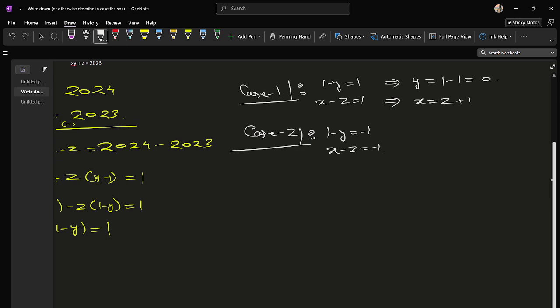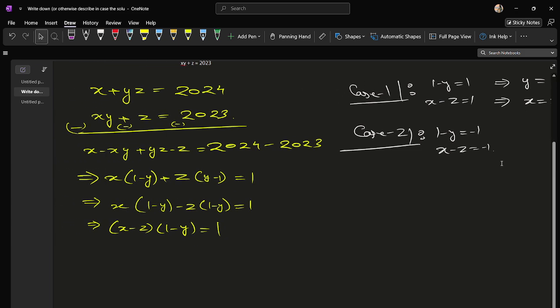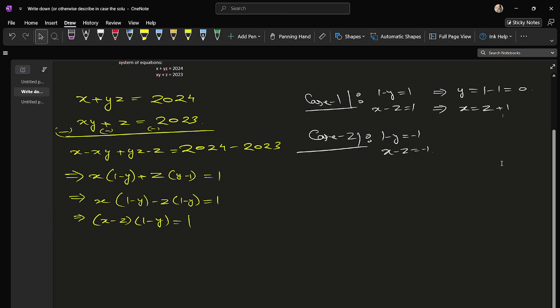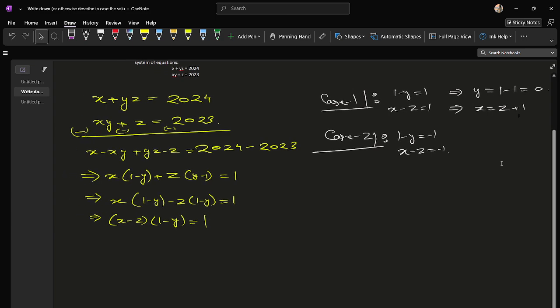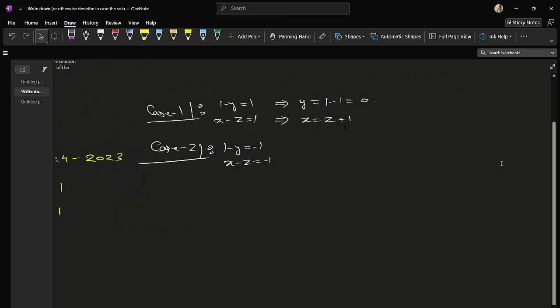So what can be done? Now I am going to put this in our first equation. Our first equation is x plus yz equals 2024. Since y is 0, the z term vanishes here, so x is equal to 2024.